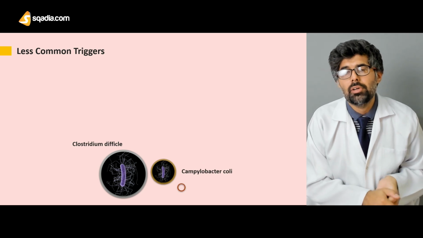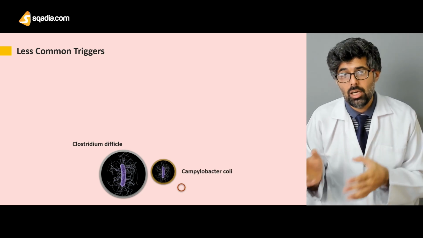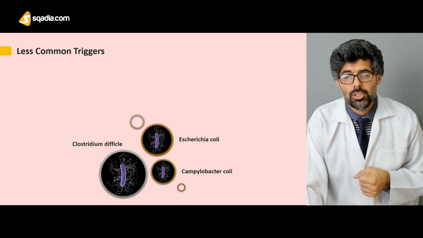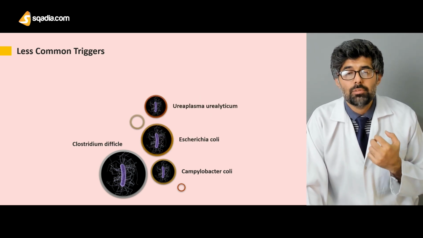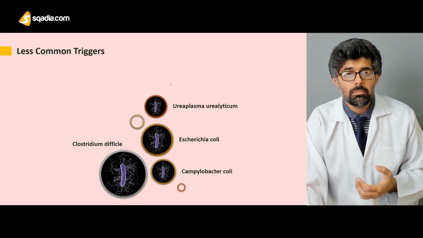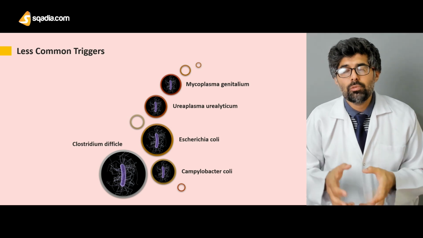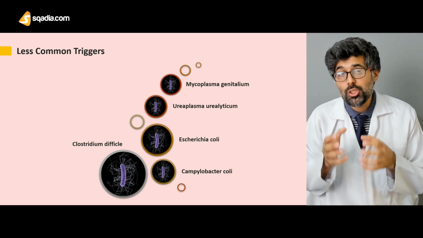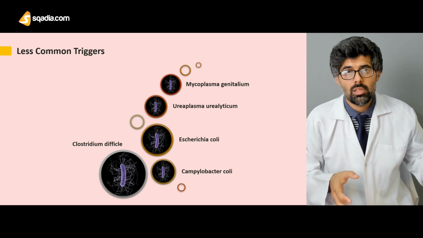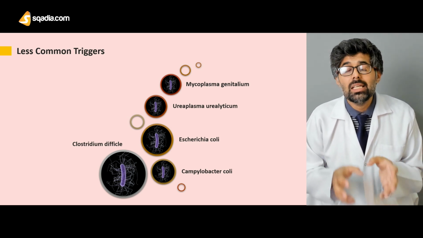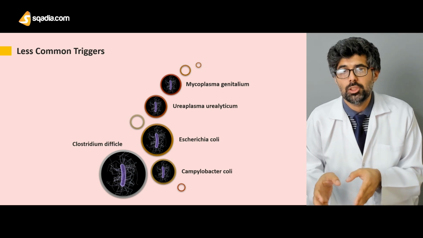Other less common triggers with conflicting evidence are Campylobacter coli, Escherichia coli, Ureaplasma urealyticum, and Mycoplasma genitalium. All of these are not usually implicated as a cause of reactive arthritis, but there is some evidence in some studies.